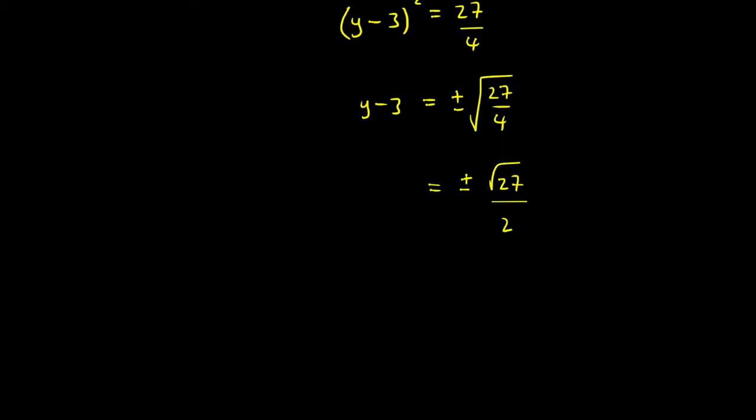Now, how can we simplify 27? 27 is equal to 9 times 3. And so that is going to be equal to 3 root 3, because we square root the 9, we get 3. Now, remember, you can't use a calculator on this question because that's what you're told at the front. What that means is you need to demonstrate your working.